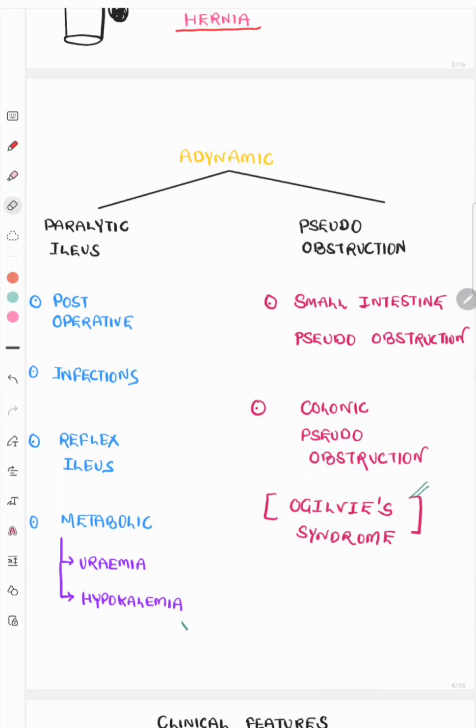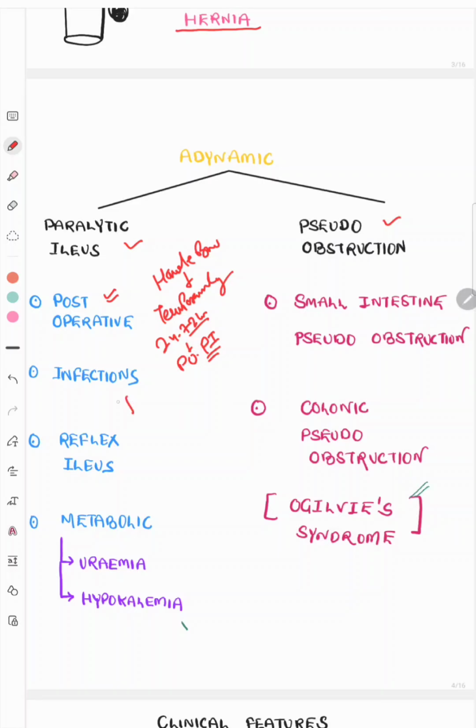For adynamic obstruction, there will be mainly two headings: paralytic ileus and pseudo-obstruction. Paralytic ileus is mainly due to the following reasons. Postoperative paralytic ileus means that during a laparotomy or another abdominal surgery, if we handle the bowel, it loses its peristaltic movement temporarily for 24 to 72 hours, which is known as postoperative paralytic ileus. It can also be due to intra-abdominal infections.